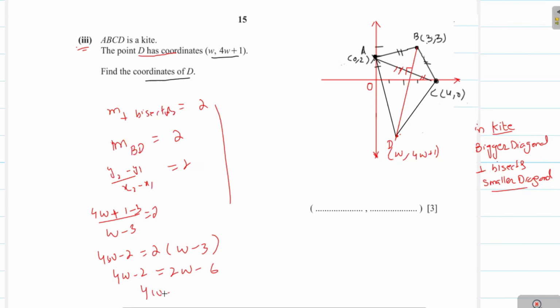And 4W minus 2W equal to minus 6 plus 2, so 2W equal to minus 4 and W equal to minus 2. The coordinate of D will be minus 2 and 4 into minus 2 plus 1, which is minus 7. Therefore, the coordinate of D will be (minus 2, minus 7).